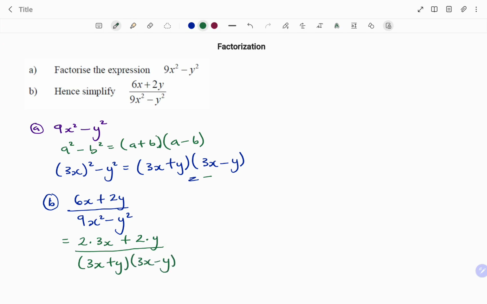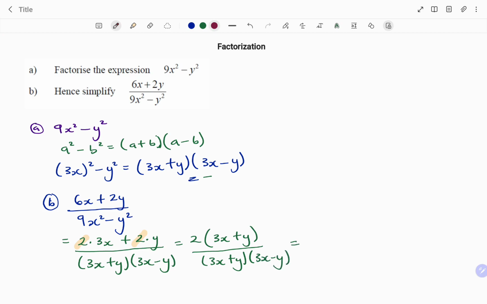3x minus y. And if you look at the numerator, the common factor here is 2. So taking out 2, we are left with 3x plus y divided by 3x plus y, 3x minus y.